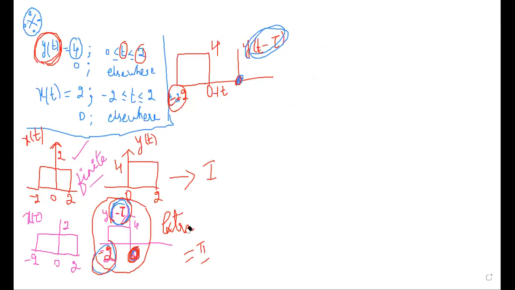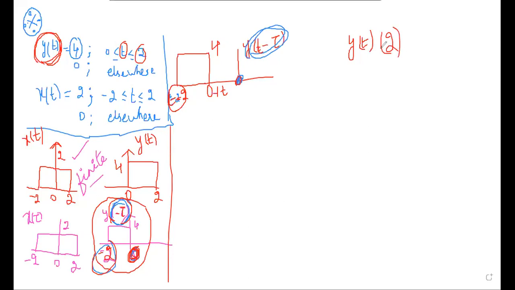Yes, ma'am. And one more thing, I told in the earlier problem, if one signal is finite itself, I will get more outputs. For example, in the earlier problem, I got 2 outputs for y of t. Here I have the time interval minus 2 to 0 in x of t and 0 to 2 in x of t.